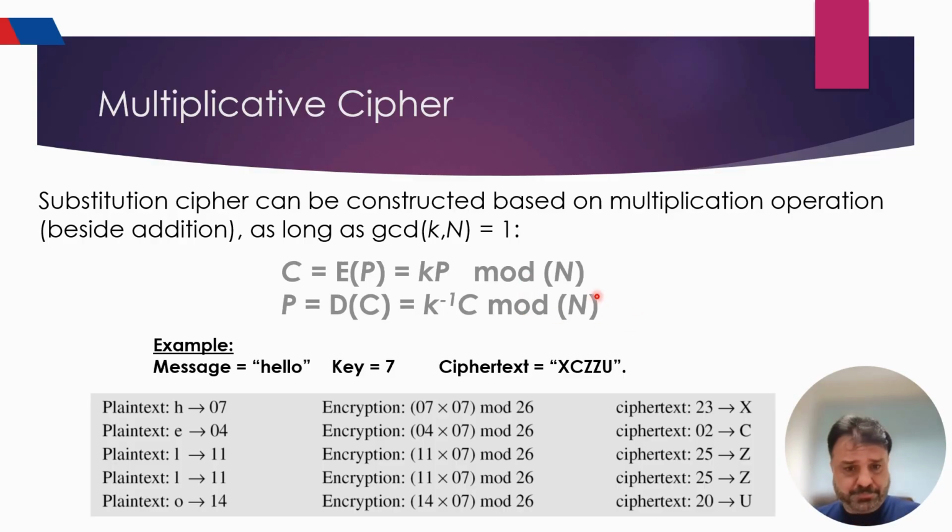As you can see here, for example, the plain text is hello. So H is 7, and the key is 7.